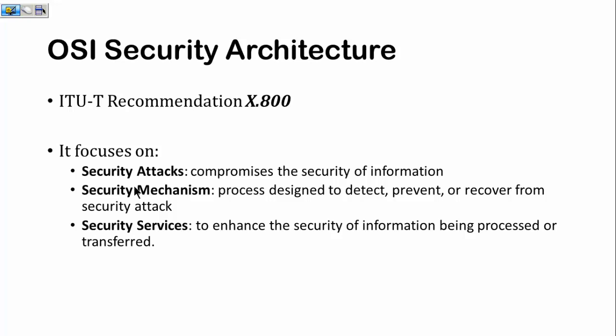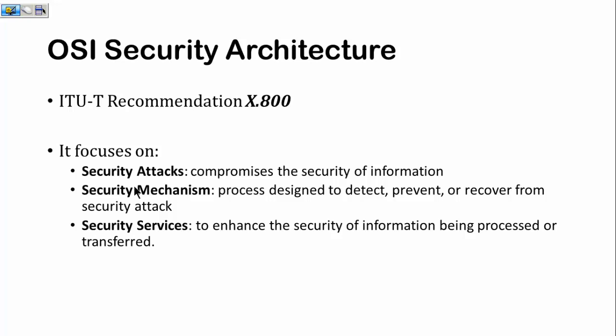And thirdly, we'll be talking about the security services. Security services means what kind of services we need in order to enhance the security of the information that we are dealing with, while we are storing or transmitting that information. As we had seen the security goals, confidentiality, integrity, and availability, these are the goals, but every time all the goals need not be achieved.